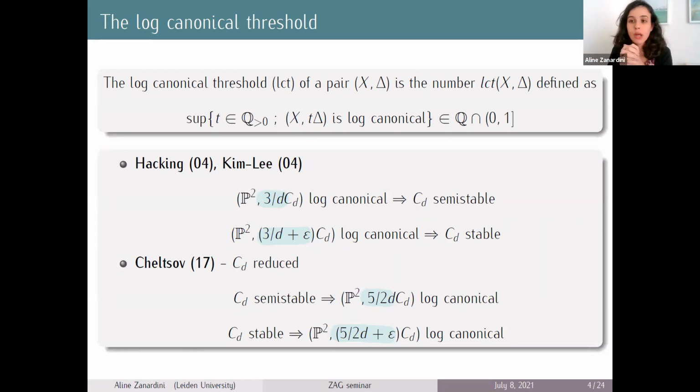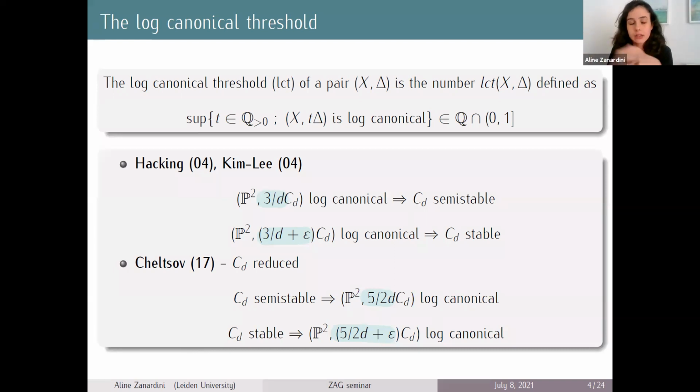So we have these results for curves, in one direction proved by Hacking and Kim and Lee in 2004, and then in the other direction by Shokurov in 2017.